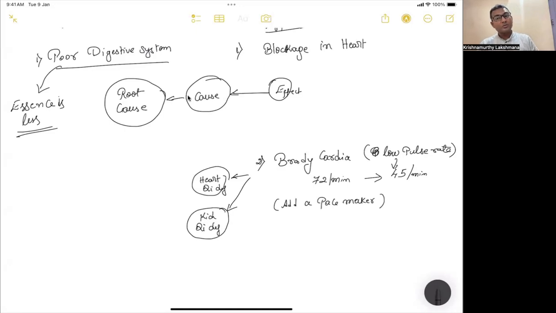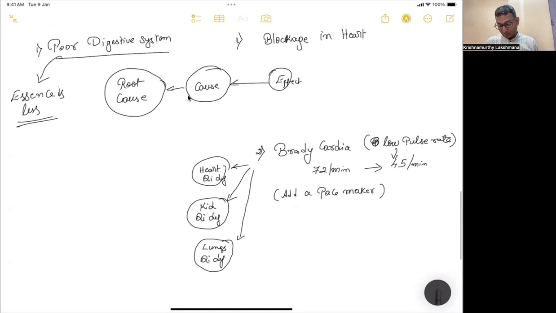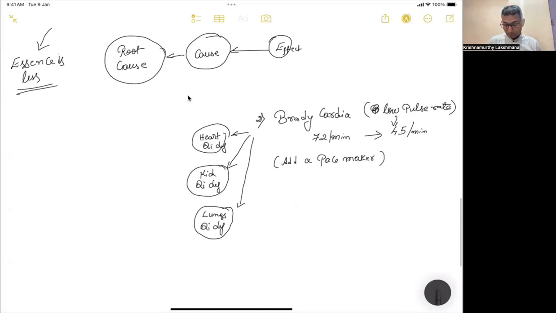The true chi coming from the lungs to the kidney is not proper, maybe. Could be. So the energy of the lungs is not sufficient. Lungs chi may be deficient. Liver may be deficient. The mother of the heart, which is liver. Liver blood may be deficient.